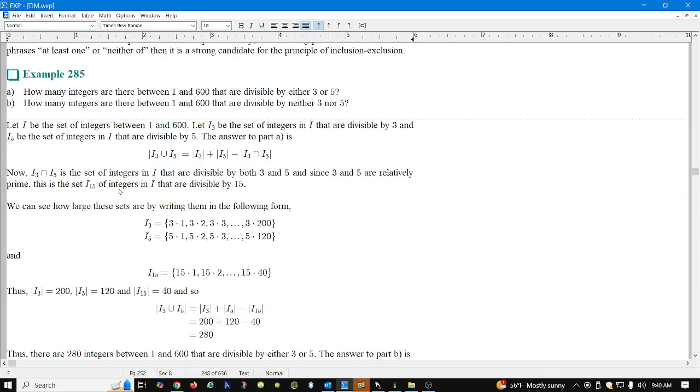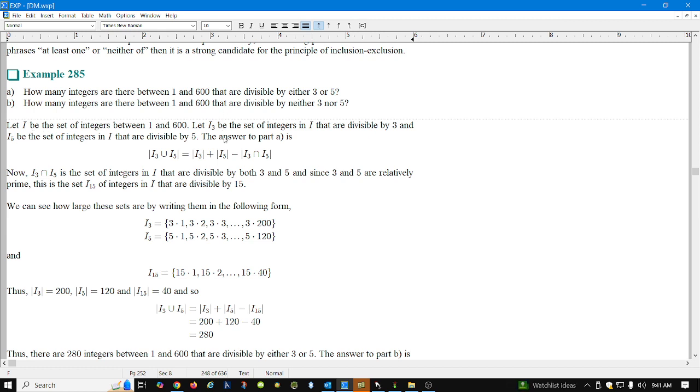Here's a more mathematical problem. How many integers are there between 1 and 600 that are divisible by either 3 or 5? Well, we let I be the set of integers between 1 and 600.